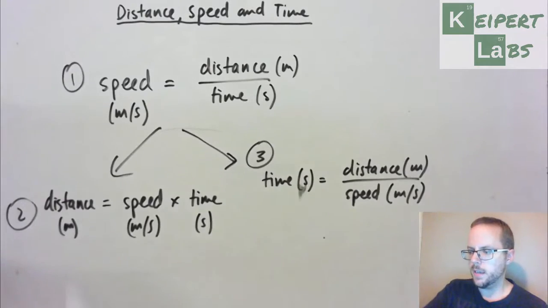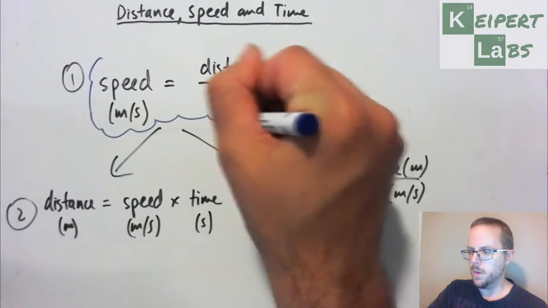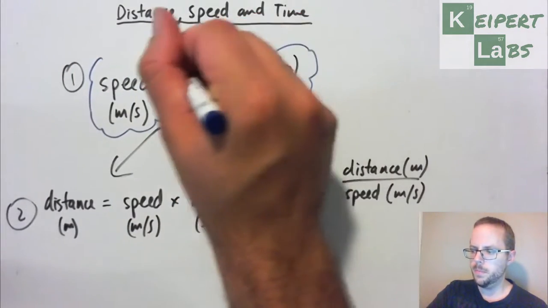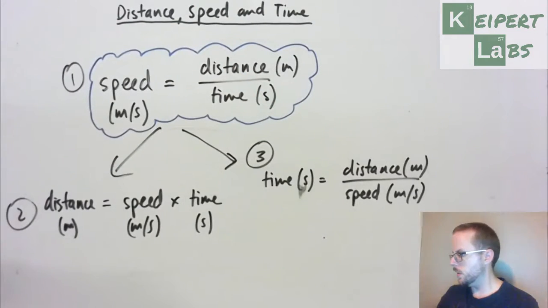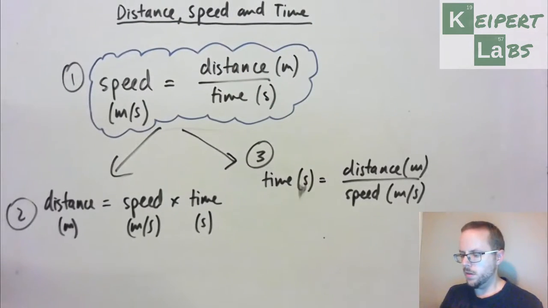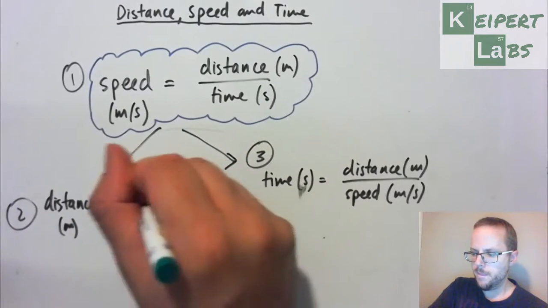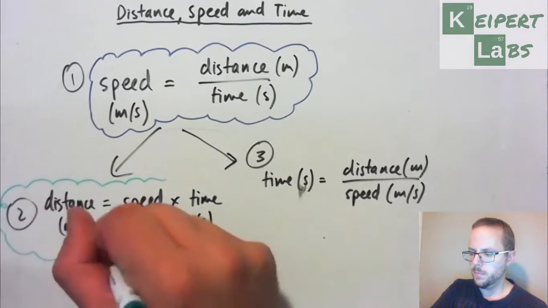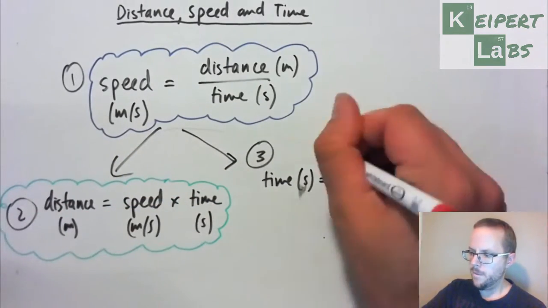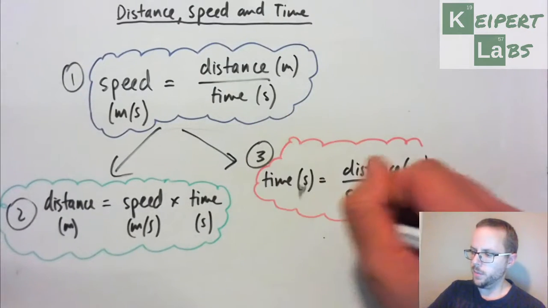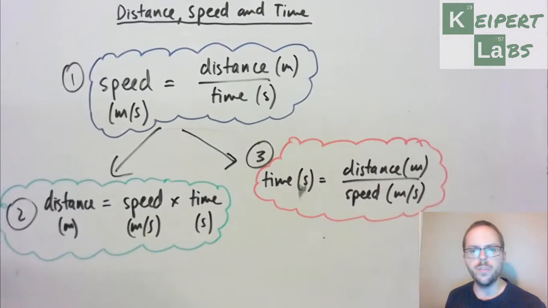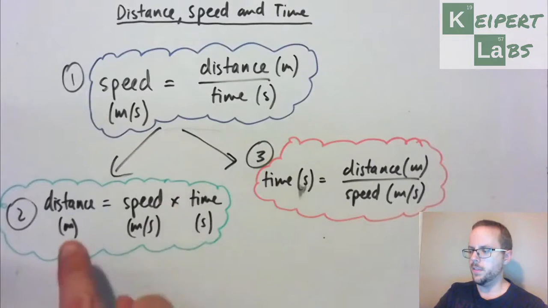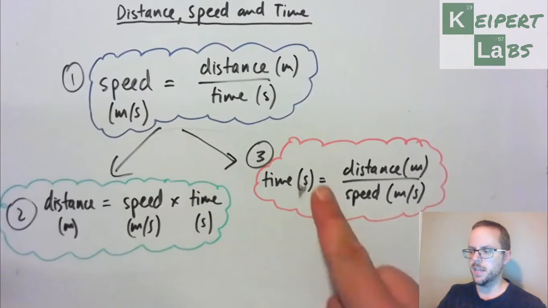Let's say I've got version number 1 in the blue bubble, version number 2 in the green bubble, and version 3 in the red bubble over here. They're all variations on exactly the same formula, but with different things on the left hand side: speed, distance, and time.